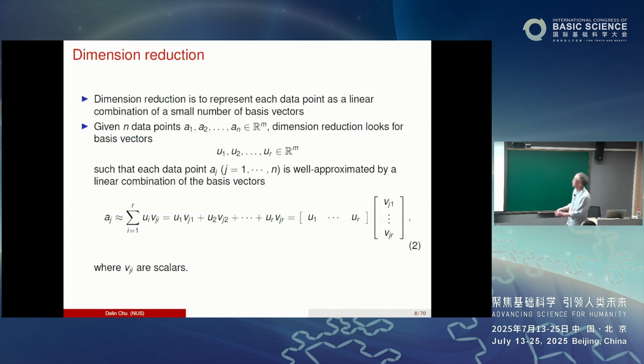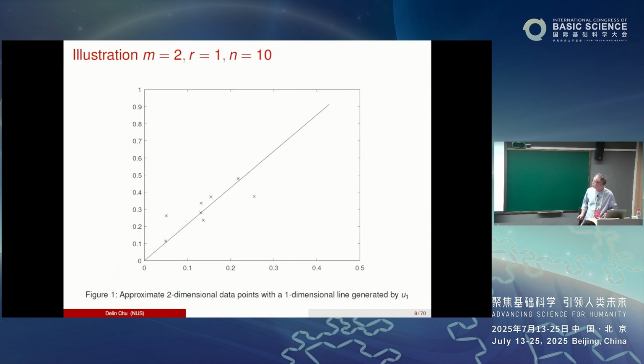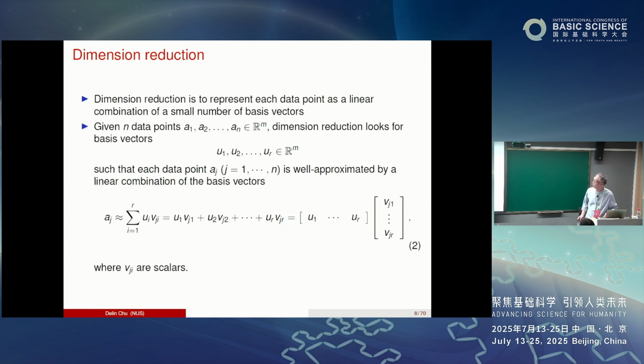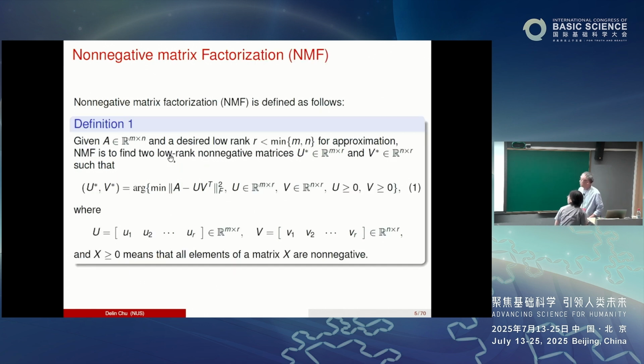The definition of non-negative matrix factorization is very simple. Suppose we are given an m by n matrix A. Also, we are given a low rank R. Of course, R should be much smaller than the size of A. I mean, R should be much smaller than n, and also much smaller than m.